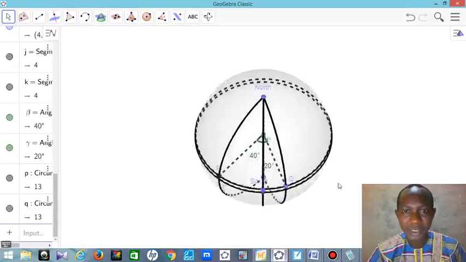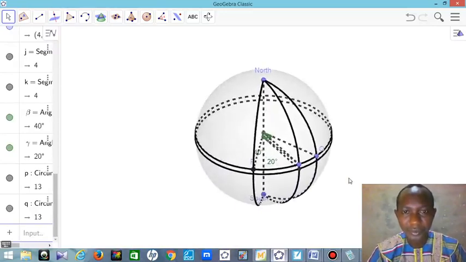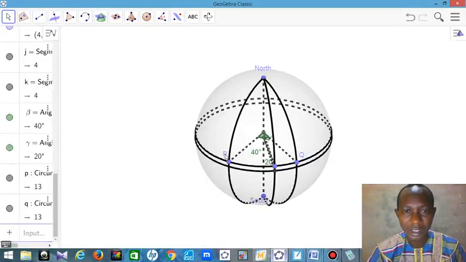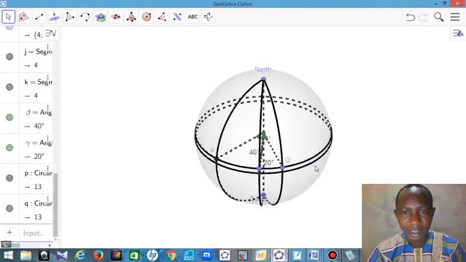If you know this angle, you don't have any problem. Then the next thing we need to know is this radius. You can see the distance from P to the center is the same as the distance from Q to the center. So this is the radius. We use small letter r to signify it, because it's a radius of a parallel of latitude.